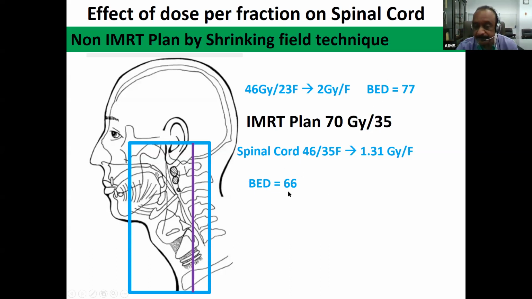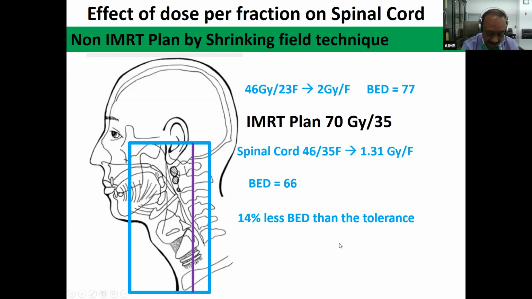There is still a scope of 11 gray if you treat with IMRT, but if you don't treat with IMRT, then probably you will not be able to re-irradiate. So you can see still you are delivering 14% less BED than the tolerance dose.